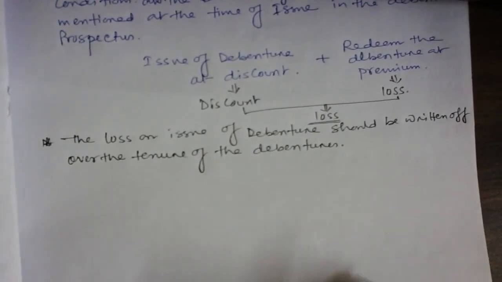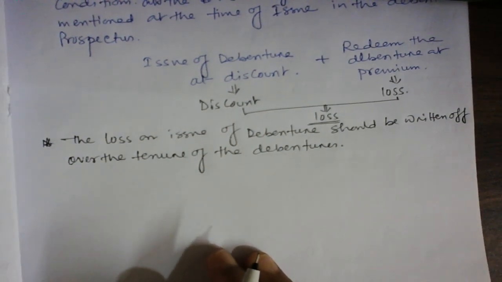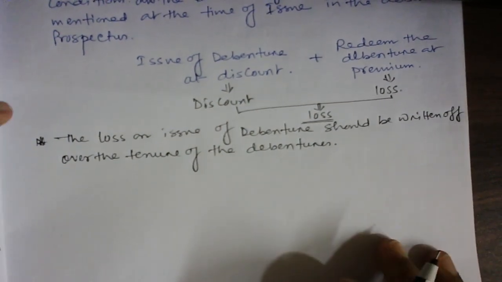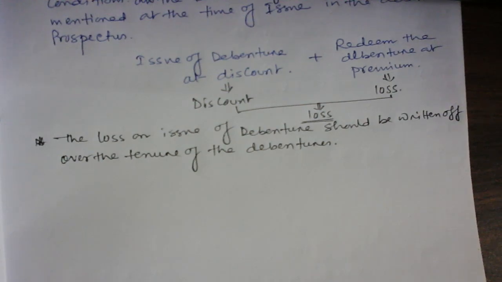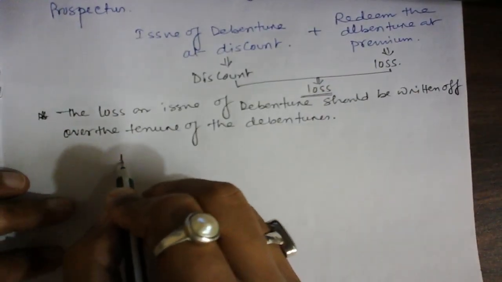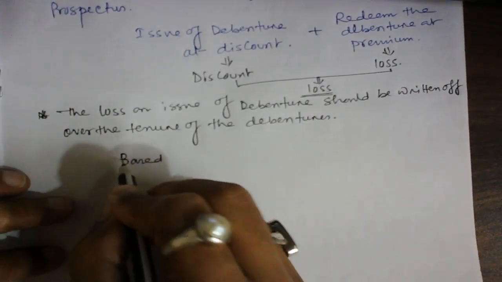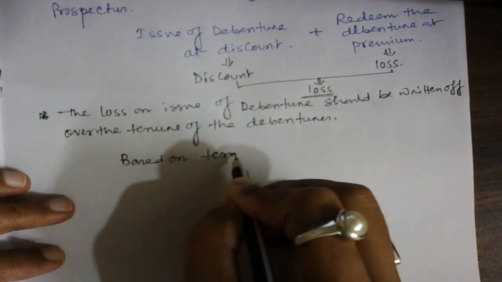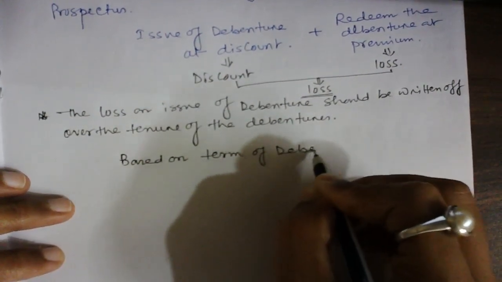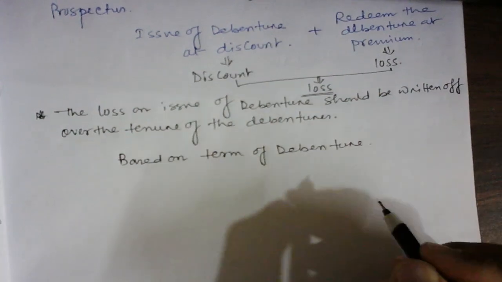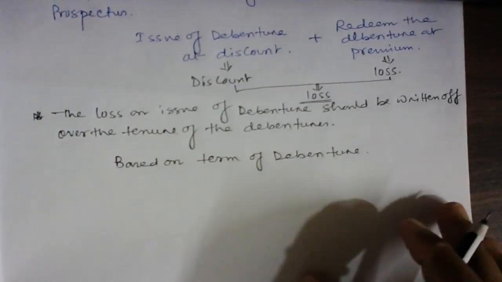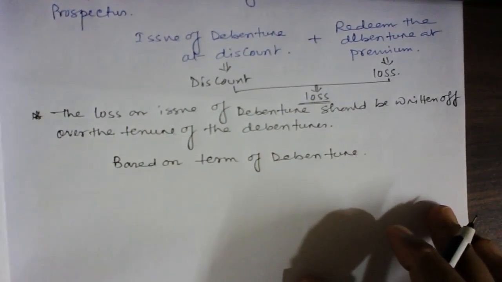Now, please write down, based on term of debenture, we have mainly two methods to follow.